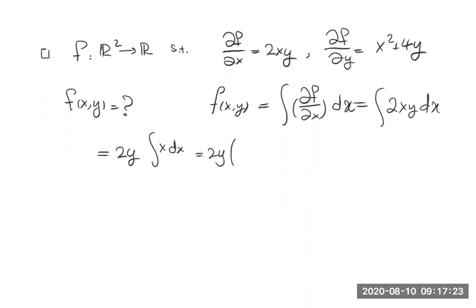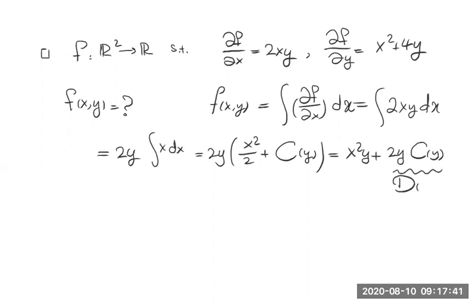Integral of x is x squared over 2 plus some constant in terms of y. And if I multiply the whole thing with 2y, I would get x squared y plus 2y c(y), the whole thing is a function of y. I showed with d(y). Therefore, f of x and y is equal to x squared y plus d(y).